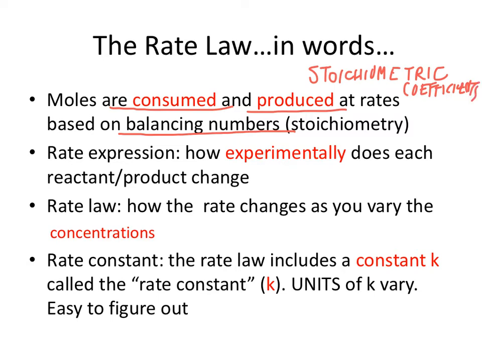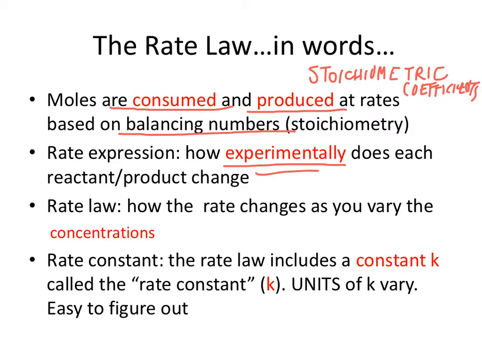Okay, the rate expression is going to be an equation that shows how experimentally each reactant or product changes. Okay, experimentally is key here. All of this work is going to have to be done in a lab.